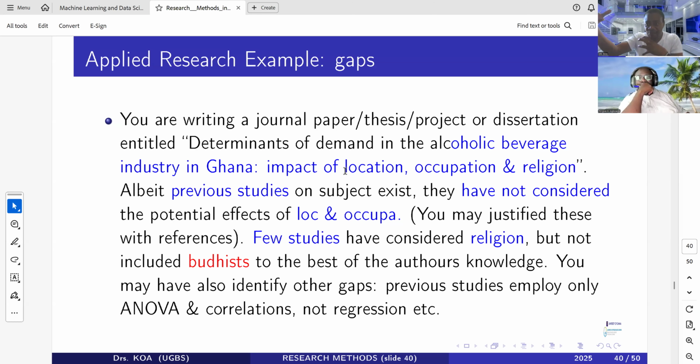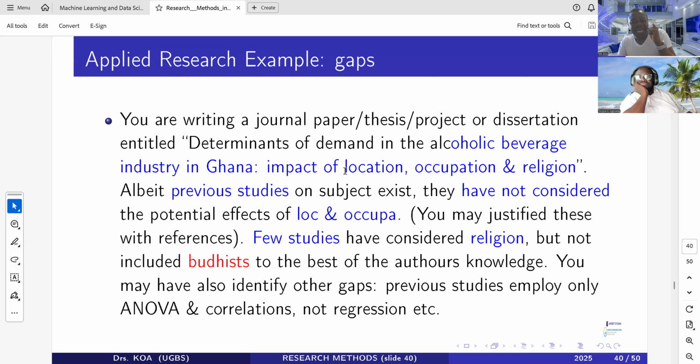And you may have taken references from other studies to justify why including occupation and location in determinants of demand analysis is very important. So that would have settled the gap and would have motivated the reader to want to read more. You would have even probably said that few studies have considered religion as a determinant of demand.